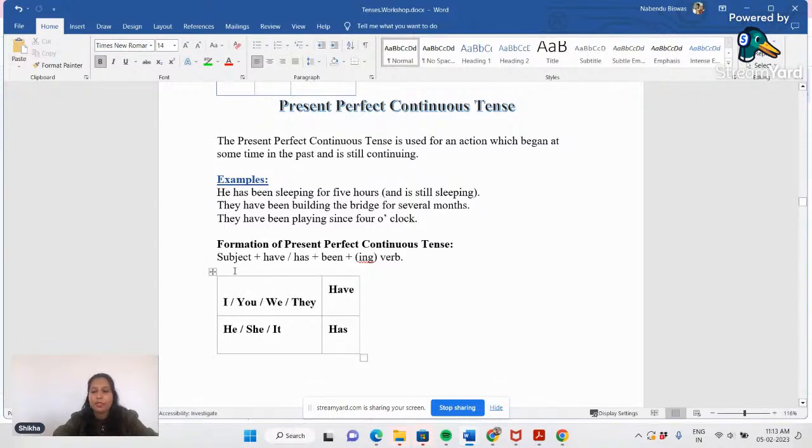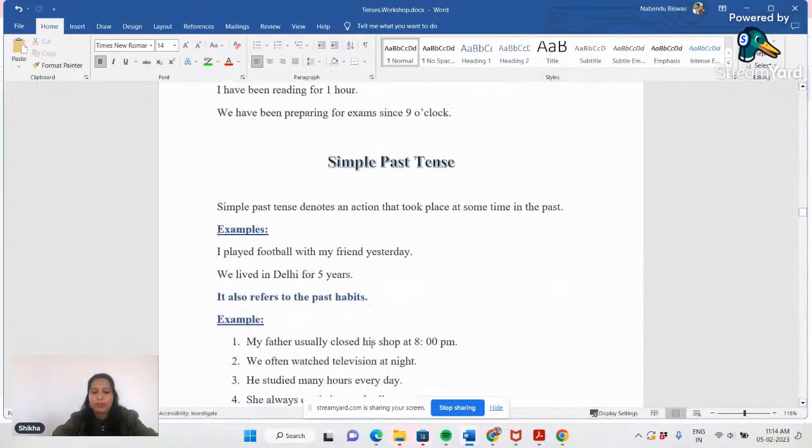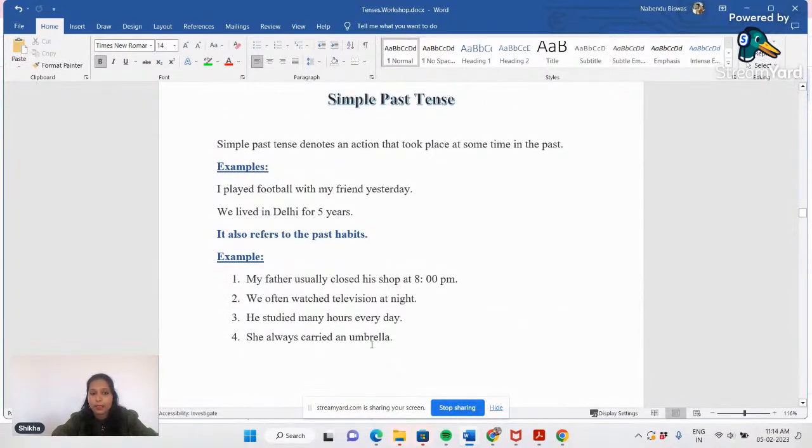We will have subject plus have or has plus been, which is the only difference here, plus the ing form of the verb, right? So when it is continuous, we do not use v1, v2, v3, but we use the gerund, that is verb plus ing.